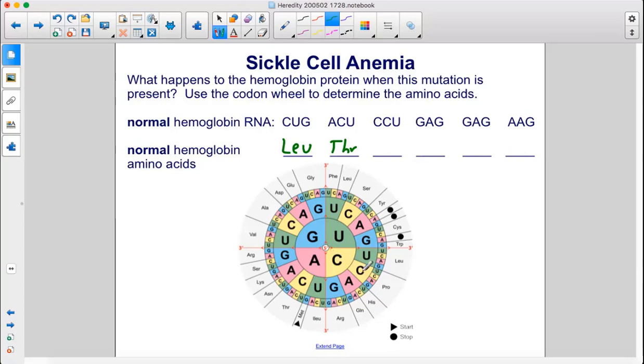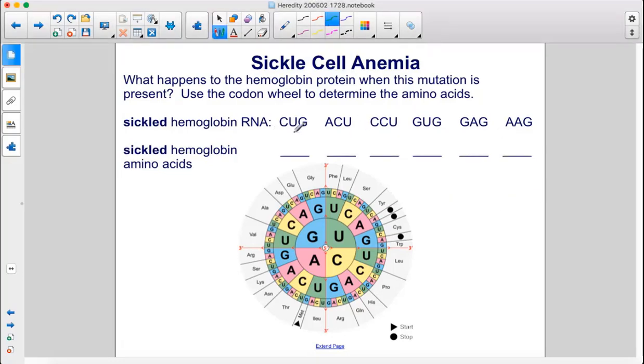CCU gives us PRO. GAG gives us GLU. GAG will also give us GLU. Then AAG gives us LYS. And there we have all the normal hemoglobin amino acids.